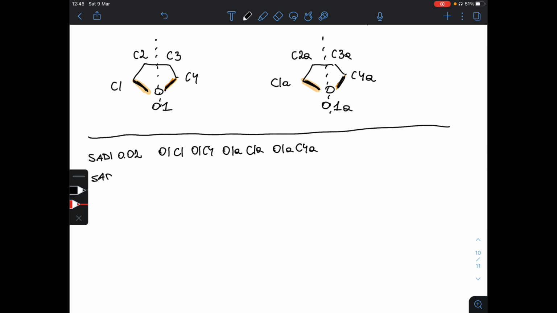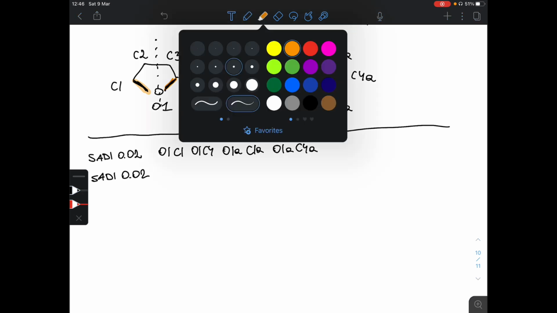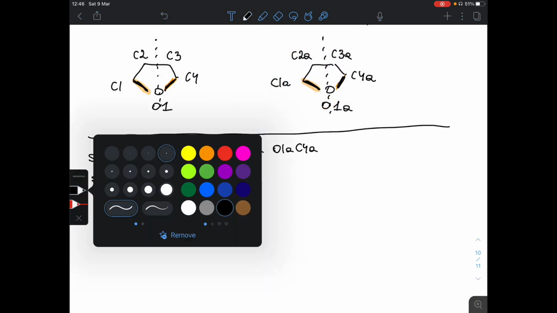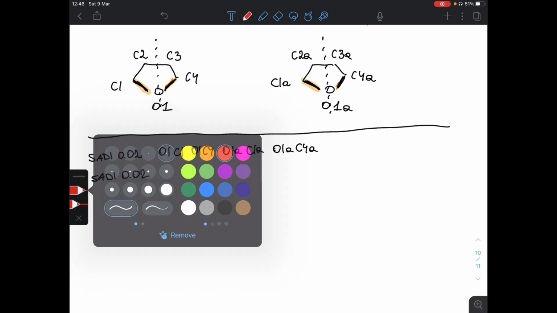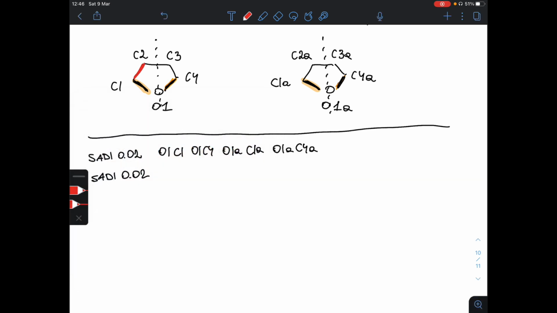Another set of distances, SADI 0.02. Now let's take care of, I'll use a different color maybe, that will be easier to visualize. Now let's make these similar, again both between different parts and within the same part because of the internal symmetry of this fragment.